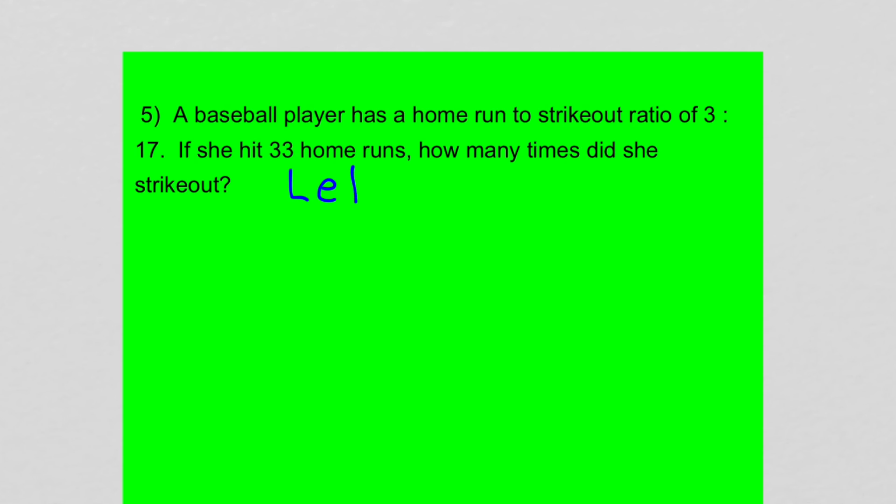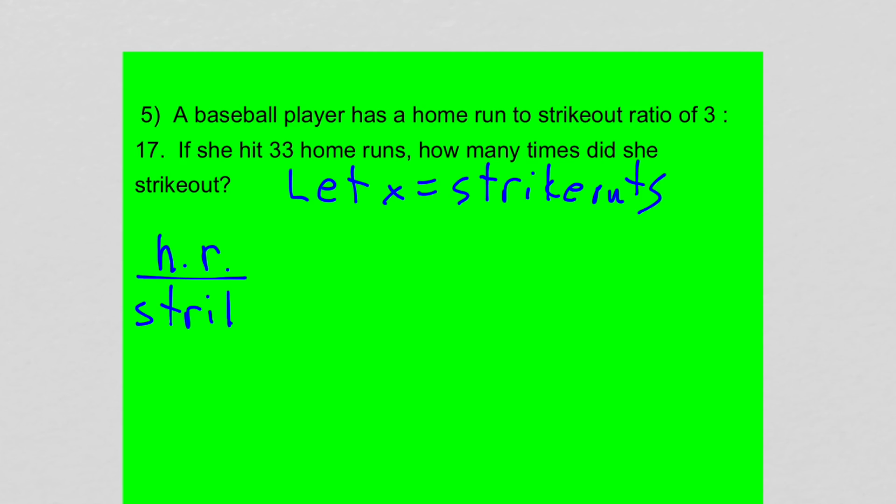Let X equal strikeouts. Okay, we're comparing home runs to strikeouts. Home run is being compared to strikeouts. The ratio of home runs to strikeouts is 3 to 17.